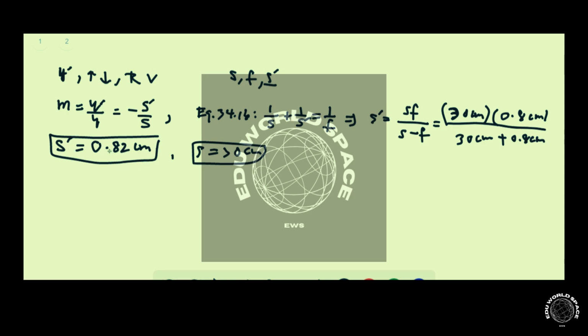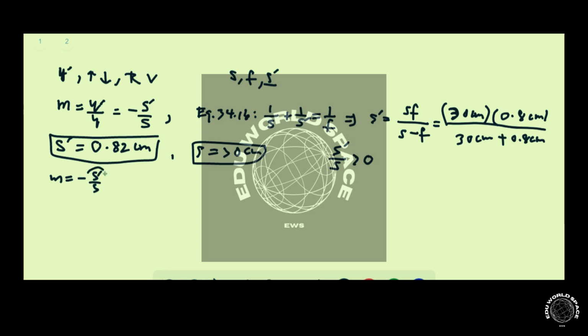Notice that s is positive, right? So if s is positive and s prime is positive, s prime divided by s is positive, because these are two positive numbers. There's no way they're going to be negative if you divide them. But m is equal to minus s prime over s.